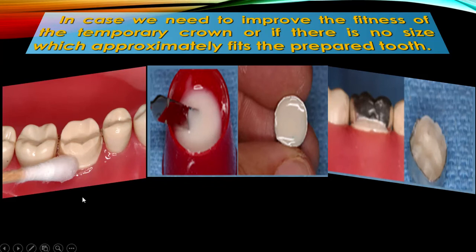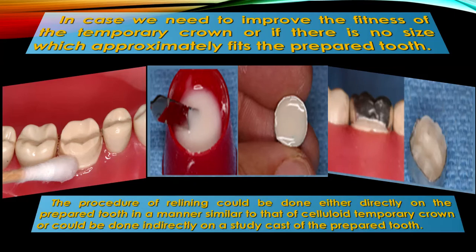Sometimes we need to improve the fitness of this temporary crown. It does not fit well. What we are going to do is reline this temporary crown with acrylic resin. Acrylic resin, okay, as we see in the picture of the temporary crown, it does not fit well on the prepared tooth.